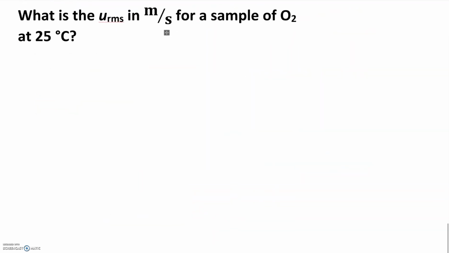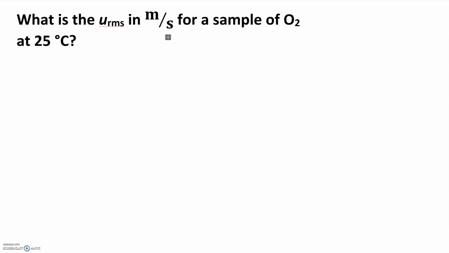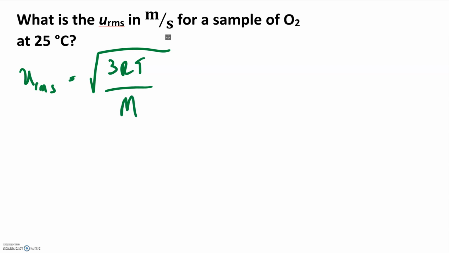So what is going to be the root mean square velocity for a sample of oxygen gas at 25 degrees Celsius? We already know that the root mean square velocity is equal to the square root of 3 RT over M, where T is the temperature, M is the mass in kilograms, let's make sure we keep that straight, and R is our old buddy, the gas constant.